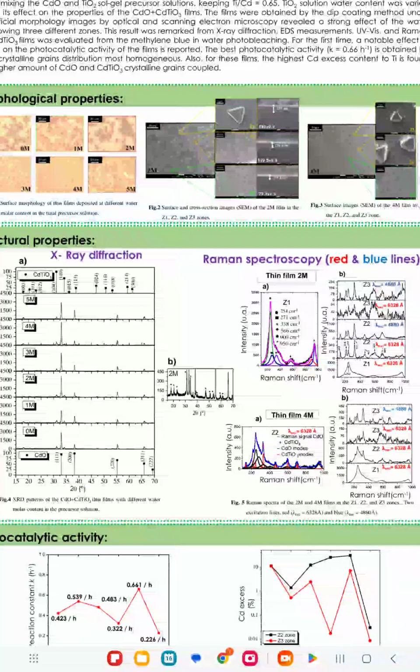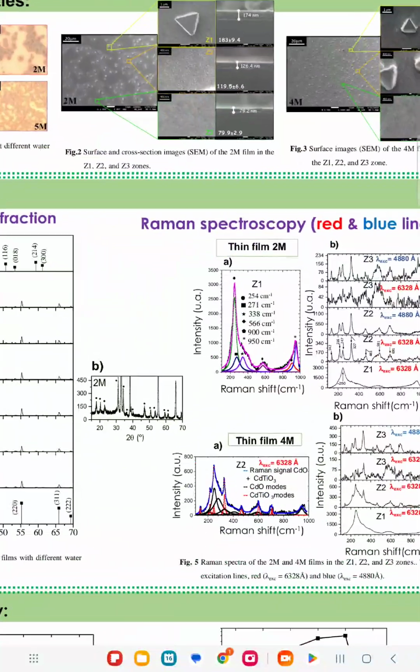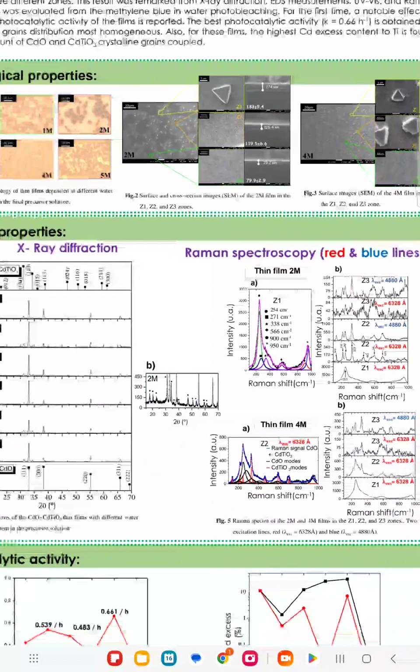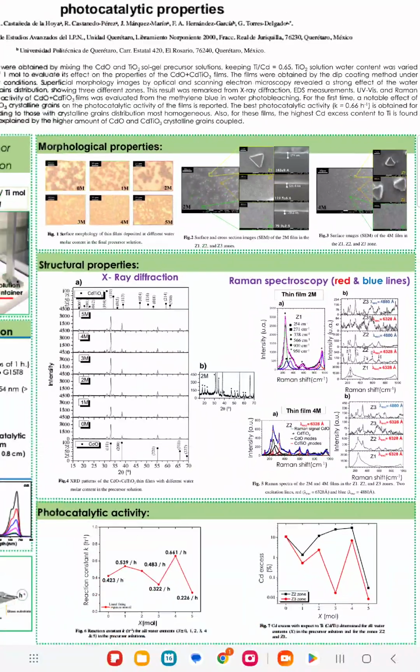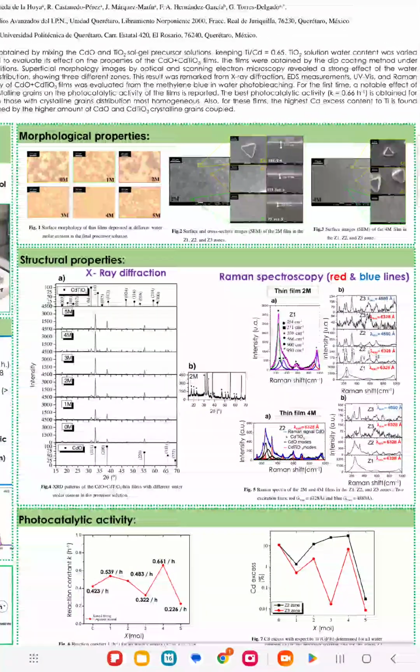We can see in the first image corresponding to the 2M thin film that we made analysis for the 3 different zones that we observed in the morphological properties results.